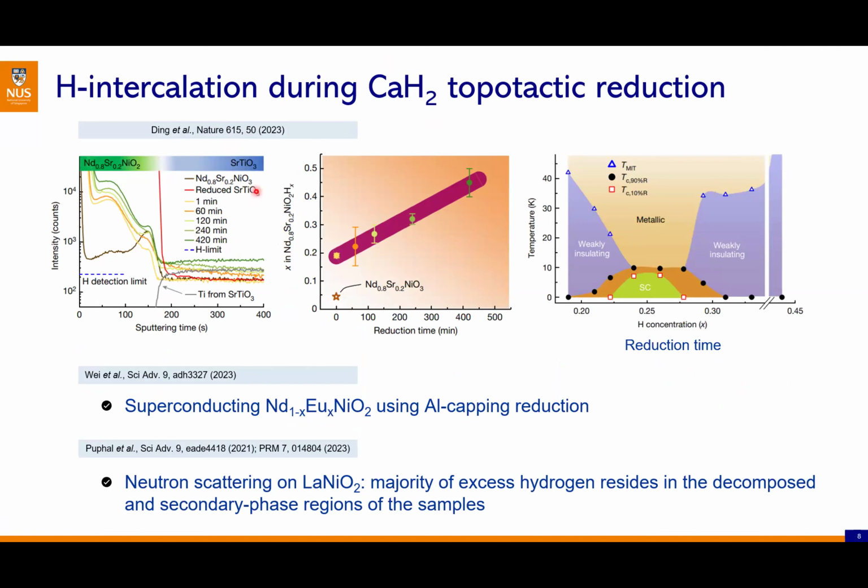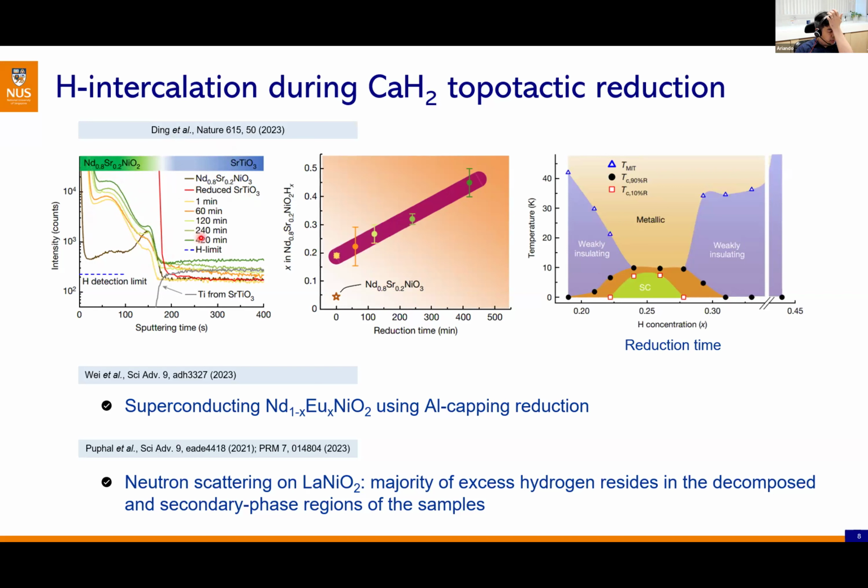For example, the reduced SCO or the perovskite NSO before the reduction. So you can see the report indicates that there is a large, higher intensity of the hydrogen detected in the structures.